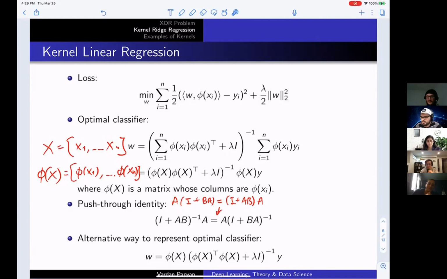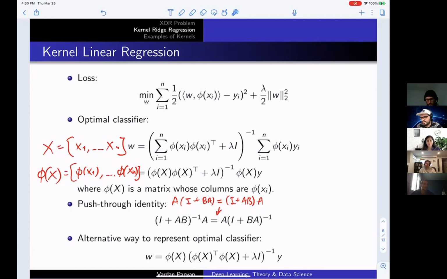A is being pushed through. That's exactly correct. On the left-hand side, A is on the right, and then you're pushing it. It's like go inside, and then it appears on the left. Very cool. So in the future, whenever you want to push a matrix from one side to the other, recall a push-through identity exists.